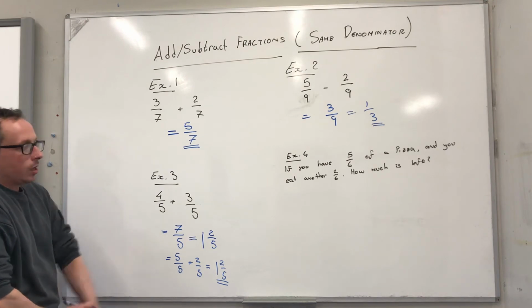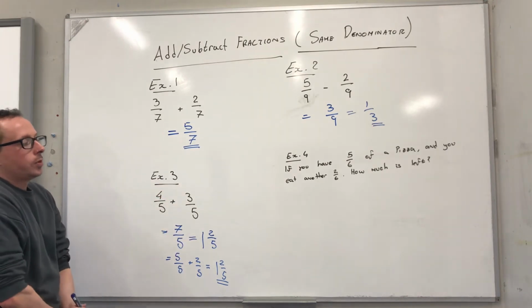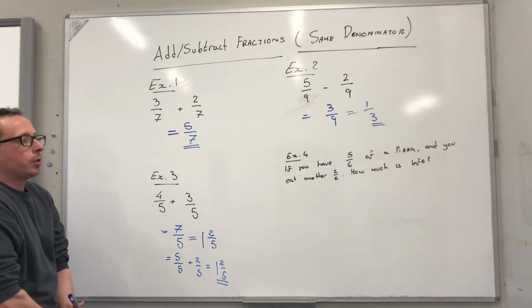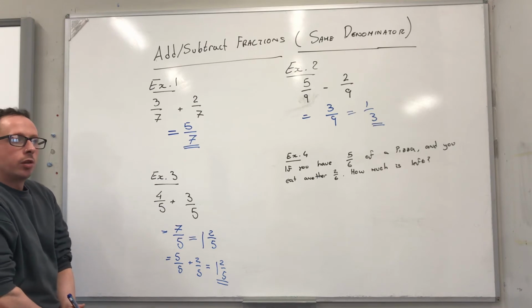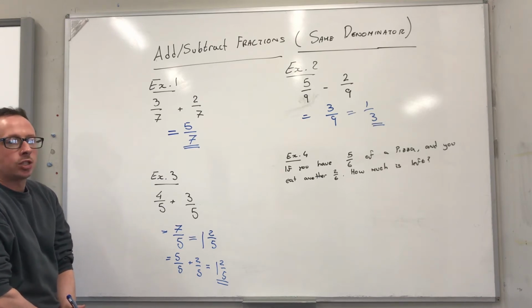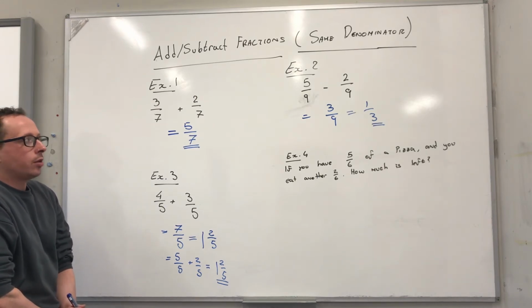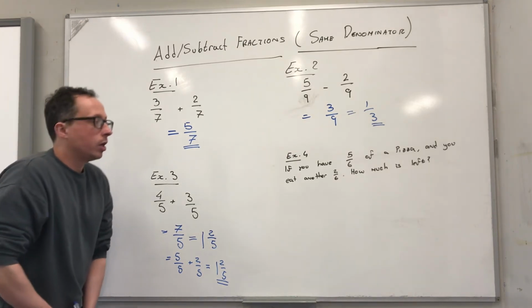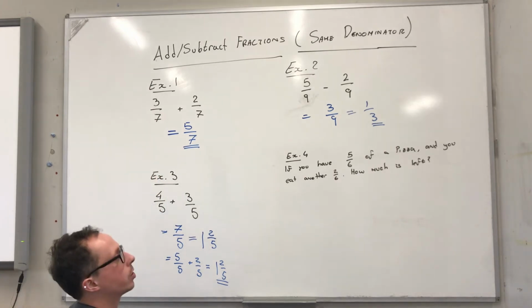Okay. Now, last question, a more written out version. It says if you have 5/6 of a pizza and you eat another 2/6, how much is left? So the first thing we need to work out is what is it actually asking? Is this adding or subtracting? You're starting with 5/6 and you're eating 2/6, so it's taking away, so it's subtraction.